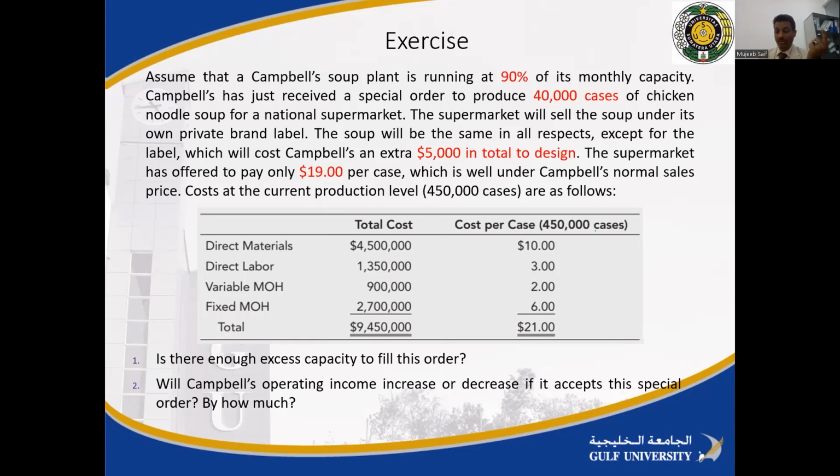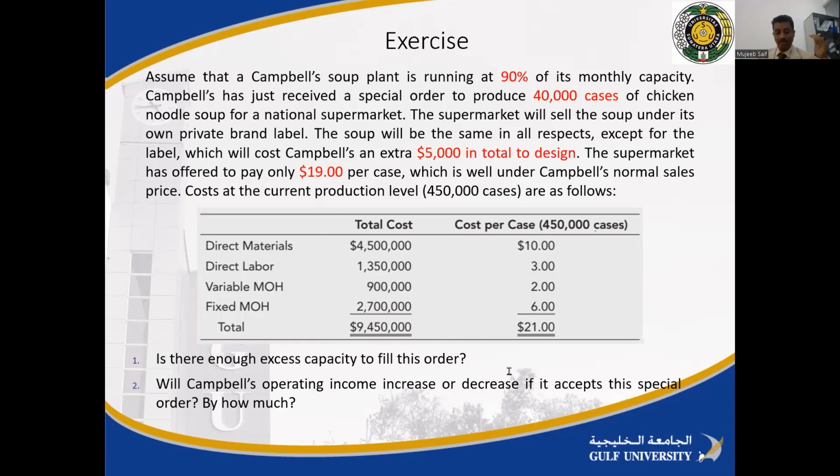So if the reduced price will increase the production units and you are sure that it will be sold, it's better for you to do that, if it will not affect your market. Because some customers will think that if we reduce the price, maybe that means our product is not high quality and so on. So we try to manage it.